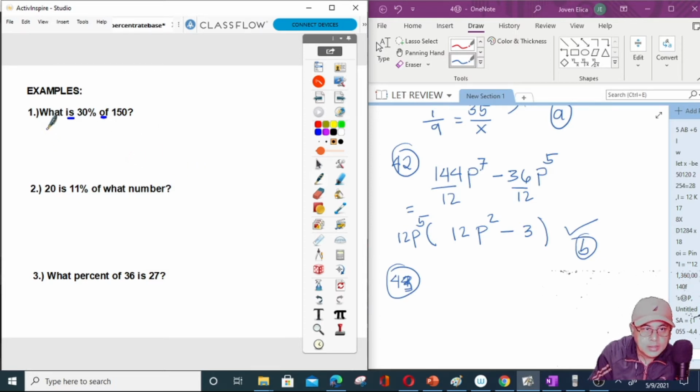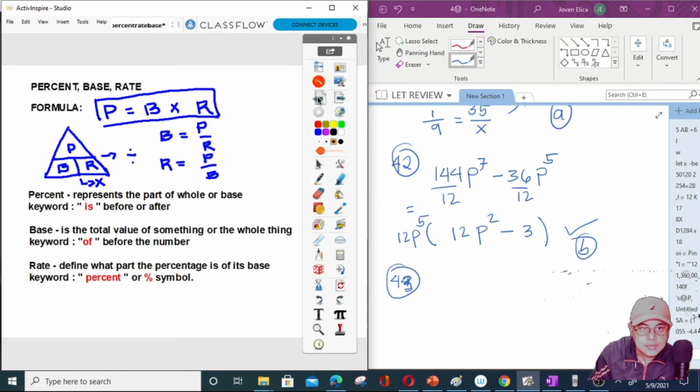We know that "what is" refers to the percent, which is part of the whole.